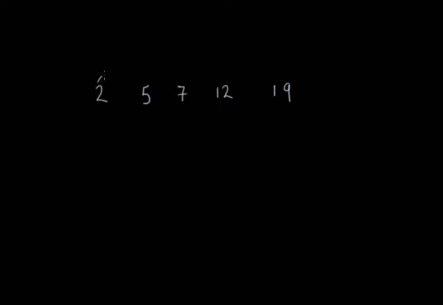If we go from 2 to 5, we add 3. If we go from 5 to 7, we add 2. If we go from 7 to 12, sorry, we add 5. From 12 to 19, we add 7.